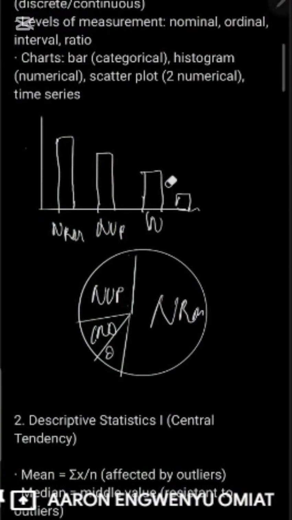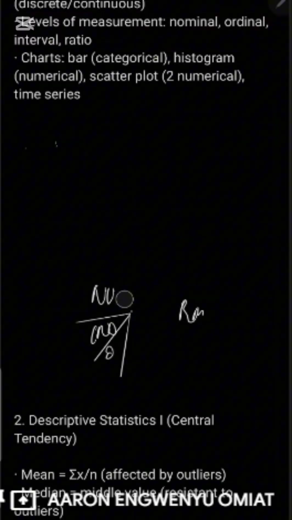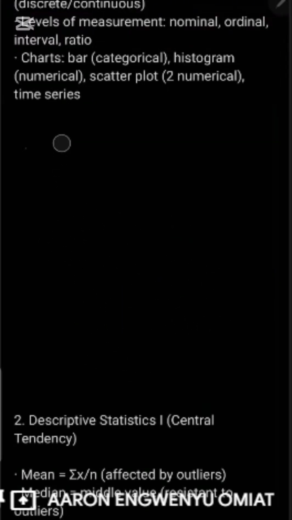So we have looked at categorical data. Now let's look at other forms of data. Let's say now we are dealing with numerical data. Let's use an example of voter turnout.